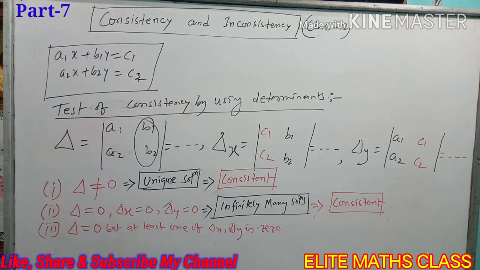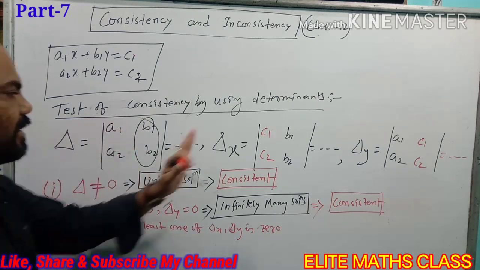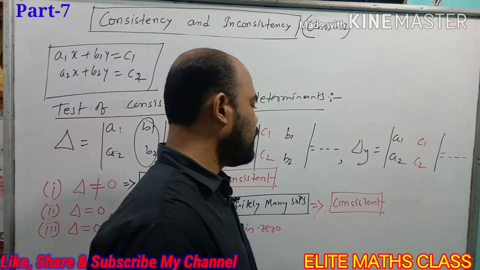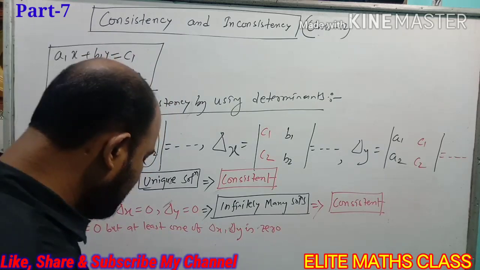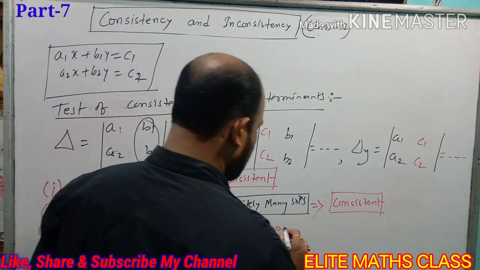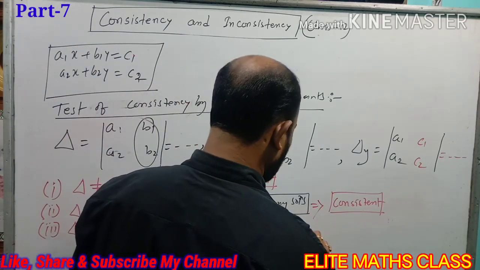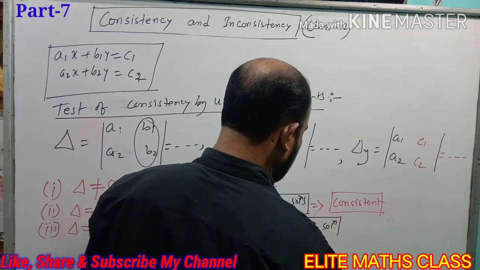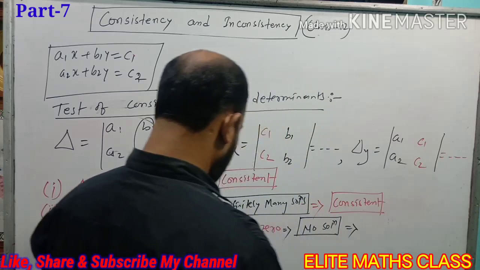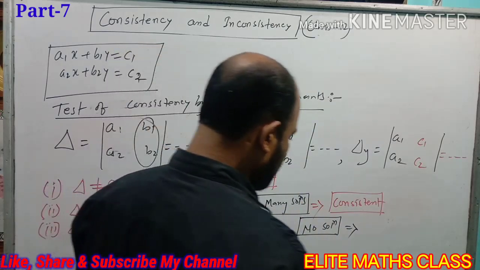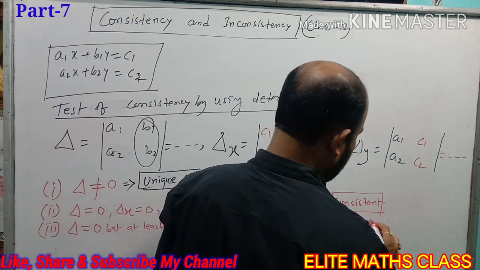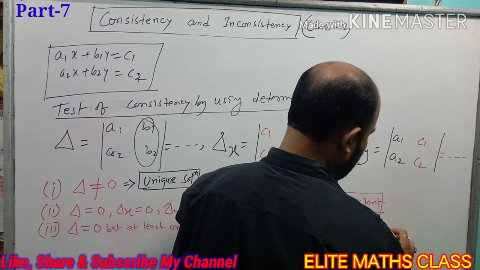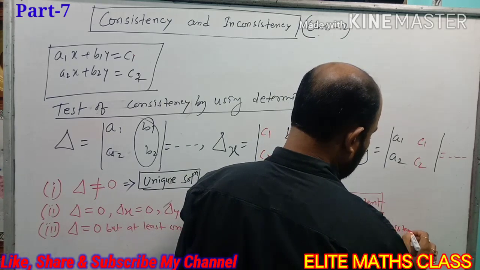The third case may be del is 0, but either del x or del y is not equal to 0. In this case, the system will have no solution. That is, this is the case of representing two parallel lines, and as the system has no solution, it is said to be inconsistent.